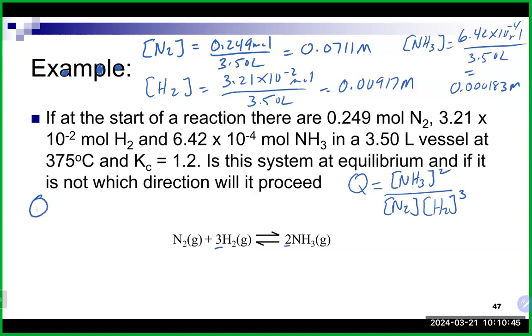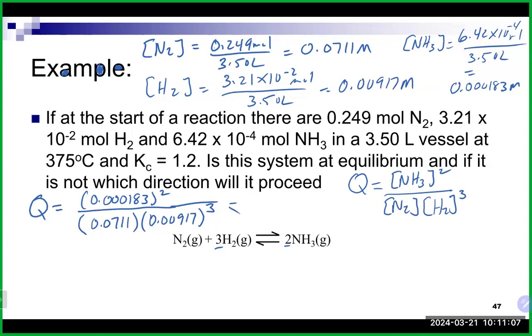So now that we have the concentration of each of our species, we can go into our Q expression. Our Q would be our NH3, which is 0.000183, and we do need to square it, divided by our N2, which is 0.0711, and lastly our H2, which is 0.00917. Remember, we also need to cube that one as well.